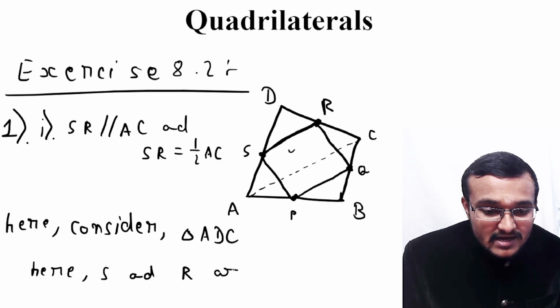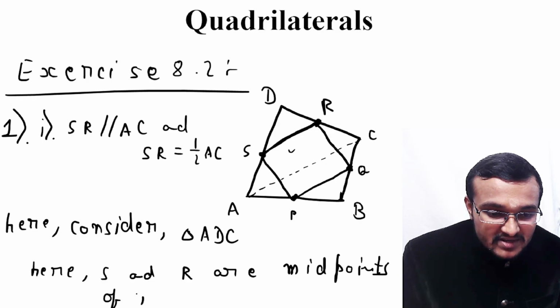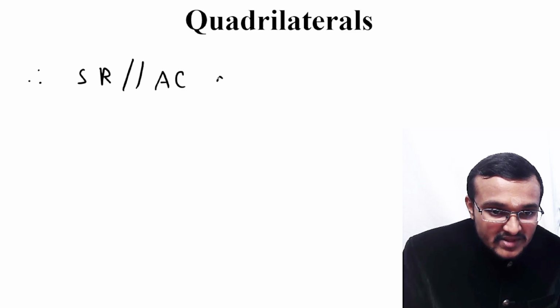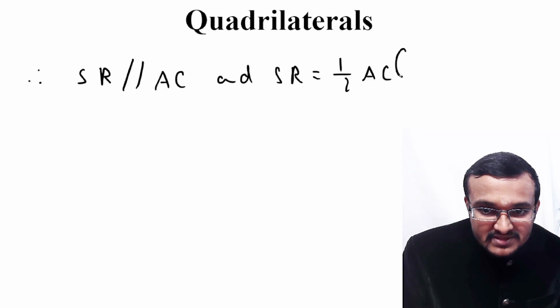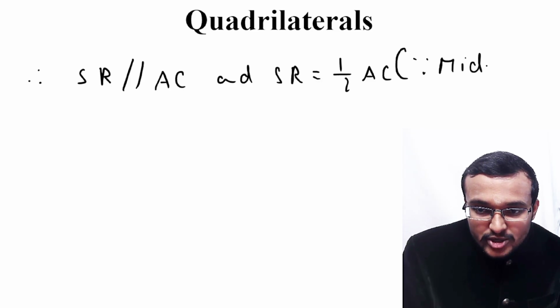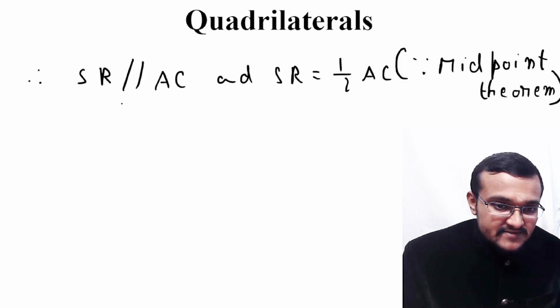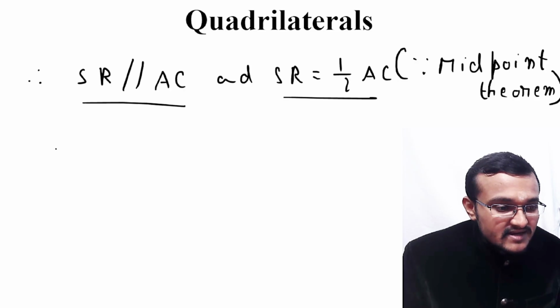Therefore SR is parallel to AC and SR is equal to half times AC. This is according to the midpoint theorem, or theorem 8.8. So now we have proved SR is parallel to AC and SR is equal to half times AC.